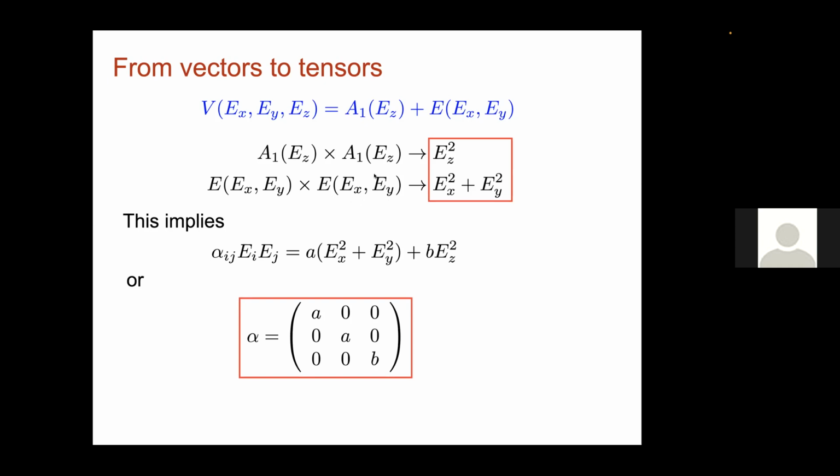No, the idea is the following. I'm taking the tensor product of this space. So the tensors in this space transform like the products of coordinates. I have three products of coordinates: EX squared, EY squared, and EX EY. So really in this tensor product, it will be a three-dimensional space with three quadratic forms: EX squared, EY squared, and EX EY.